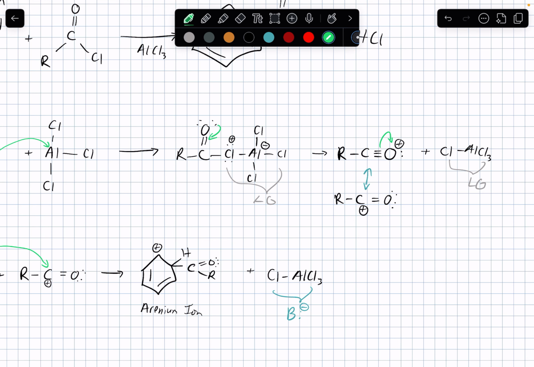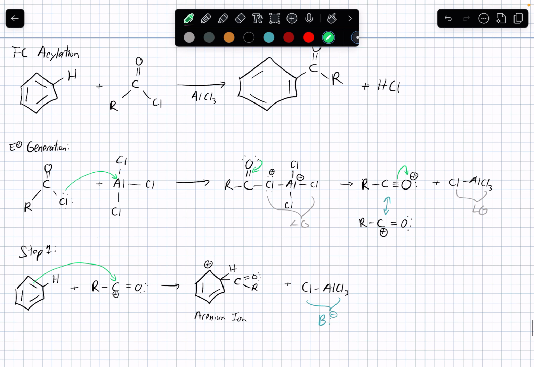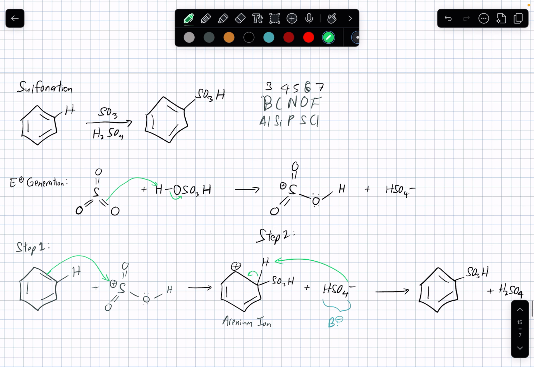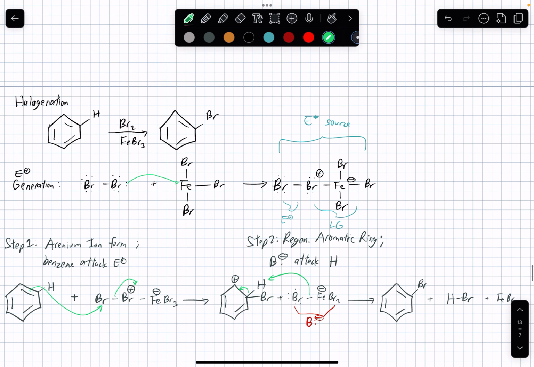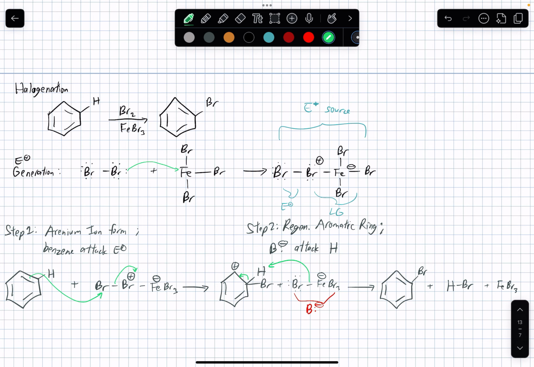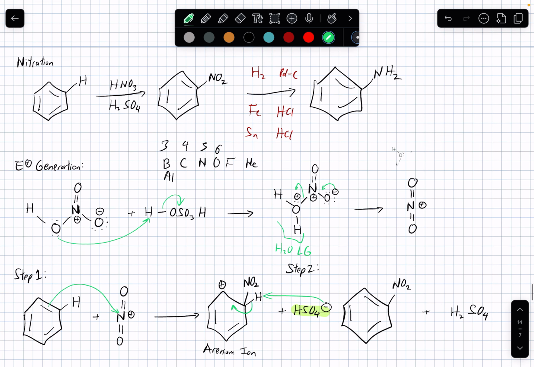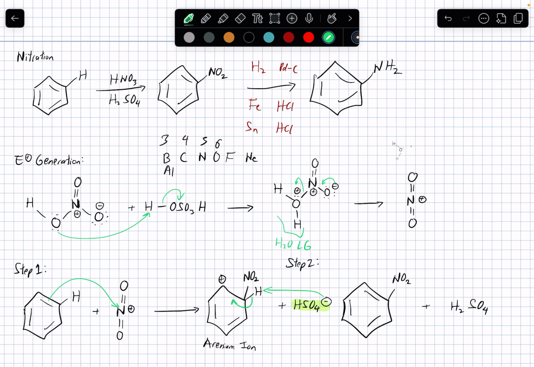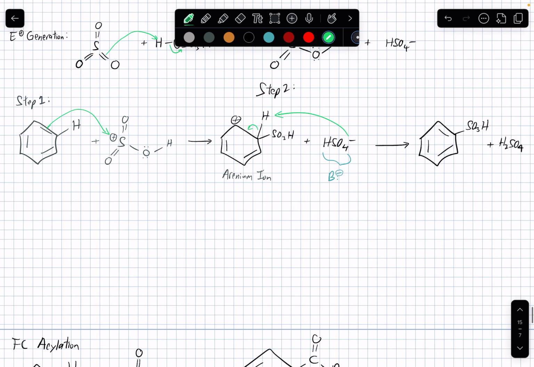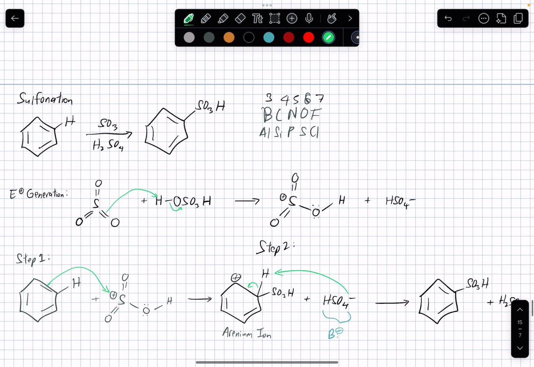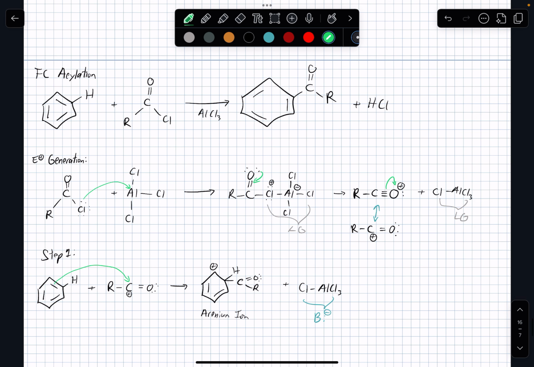Okay, let's summarize. Sulfonation, the base is HSO4. Same for nitration. For halogenation, it is the leaving group. I think we see a pattern, consistent, although not in everything. For nitration and sulfonation, the base is HSO4 minus.